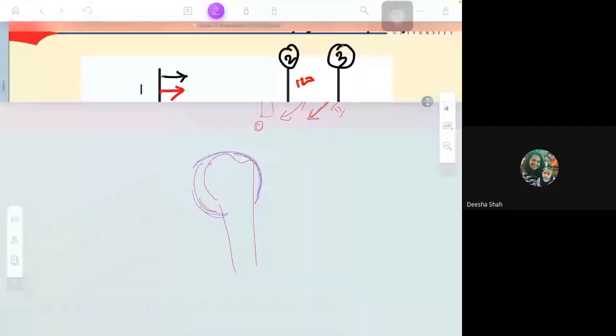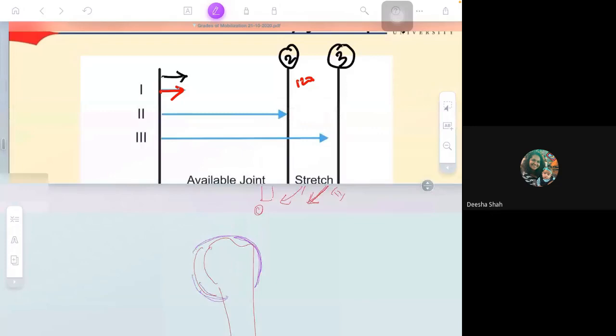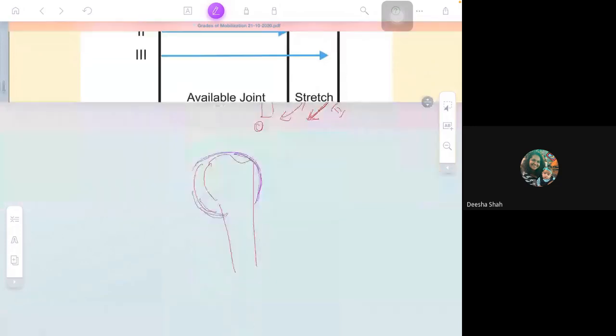Here, you are separating the joint in this direction, that is perpendicular to the treatment plane. You are distracting. This is called distraction, and this is called traction. You already know, when you separate the joint perpendicular to the treatment plane, it is called distraction.